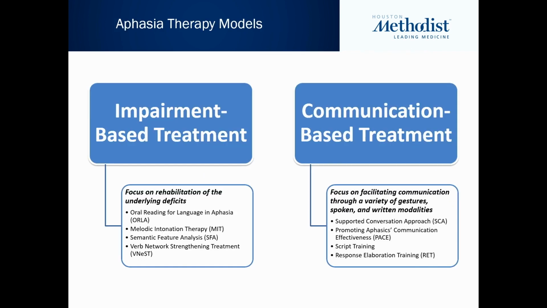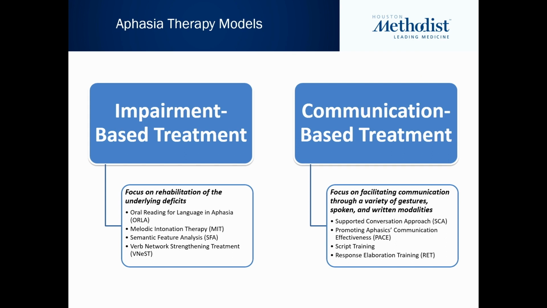So in terms of rehab for aphasia, there are two trains of thought. There's impairment-based treatment, where you're specifically focusing on an underlying verbal deficit. How can I treat this patient's word-finding difficulties? How can I treat this patient's verbal fluency, prosody?